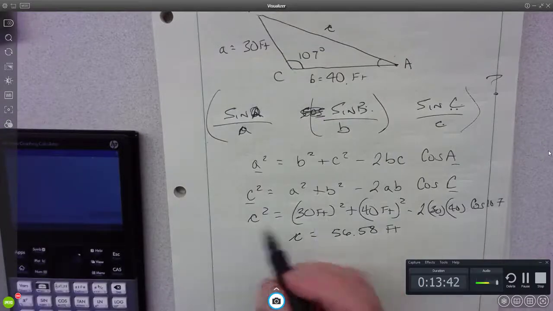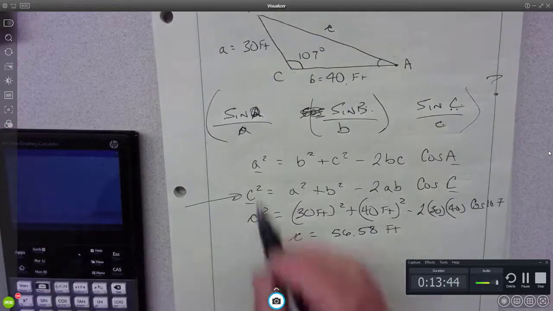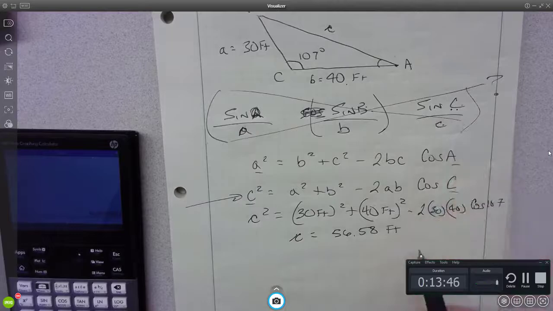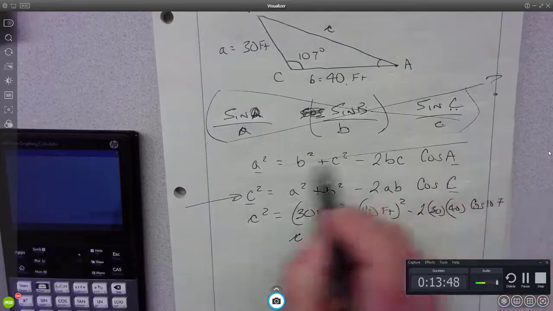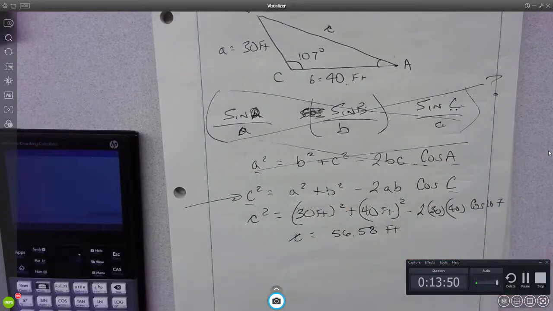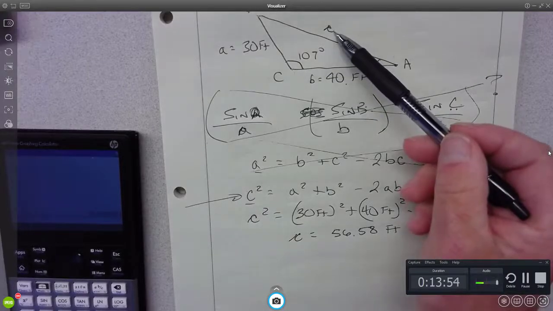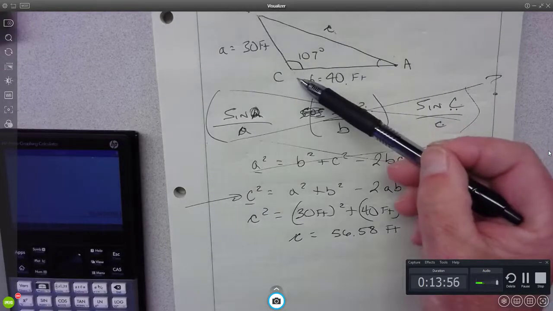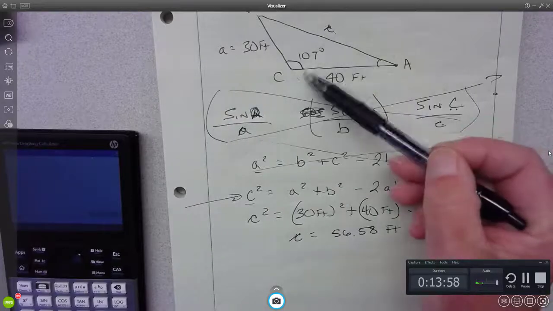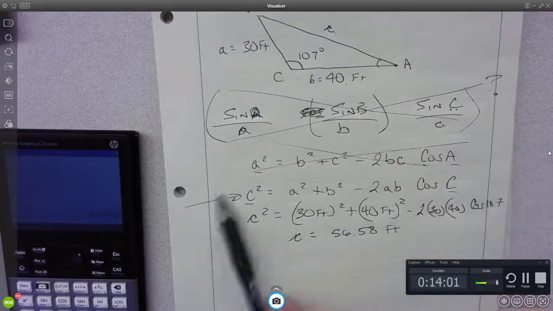Took us a while to get to this thing because the sine law didn't work and the first cosine law that we wrote didn't work. We couldn't fill it out. We finally had to realize, hey, we want to find C, 107. We know those two, so we had to use this form.